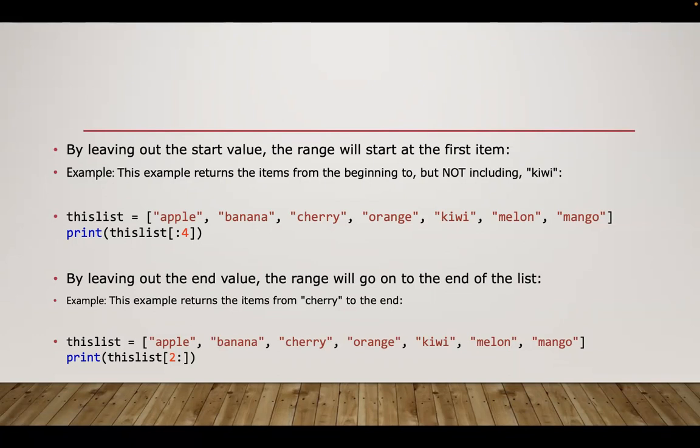The meaning of this colon 4 is that start from the beginning and stop on item index number 4. So when you see that, it's going to count from the beginning till it gets to the item number 4. Then it's going to stop there.